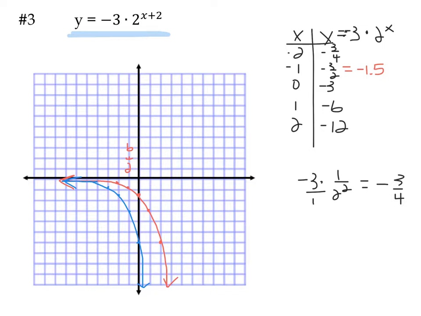And now to describe the transformation, we talk about translated left 2. Let's write that part down first. We should be familiar with that. It's translated or shifted left 2. The -3: the 3 part means it's a stretch. And the negative part, when you see a negative here, normally our exponentials would be going like this, but when we have a negative a value, it goes like this.